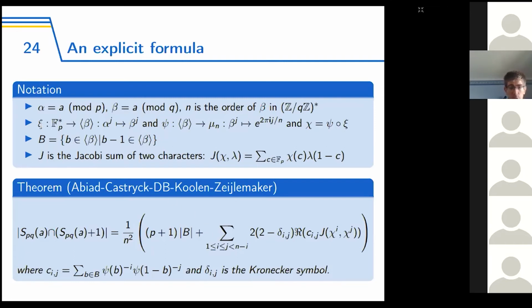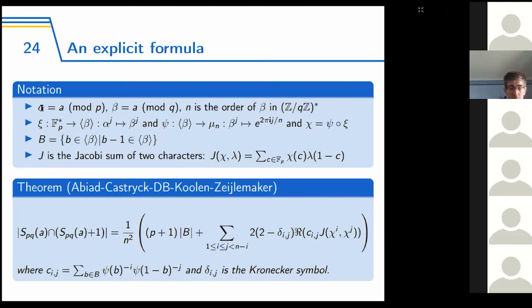Okay, next thing that we will do is introduce a map from the finite field of order p to the subgroup of the integers mod q generated by beta. Just in a very easy way, alpha to j is mapped to beta to the j.